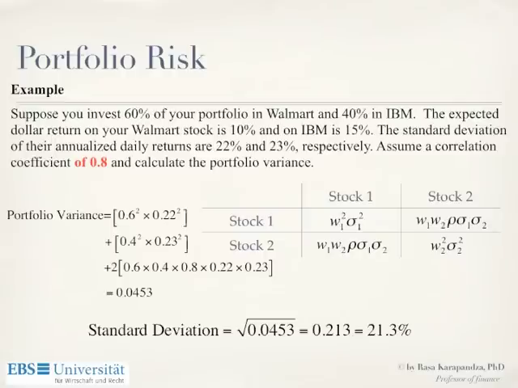It will be more than 10% because 40% of your money grows at a rate of 15%. But nevertheless, the standard deviation, the risk, is smaller than the risk of investing only into Walmart. Okay? Do you see that? The standard deviation of this portfolio is smaller than the standard deviation of Walmart, and nevertheless, it offers you more on average. So you prefer this portfolio to Walmart stock alone.